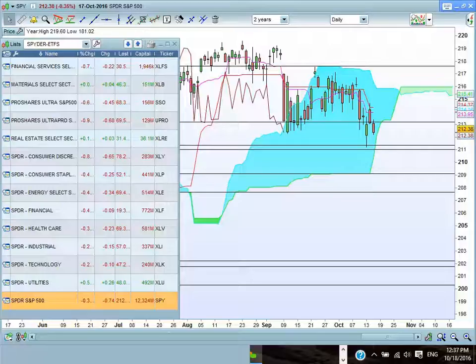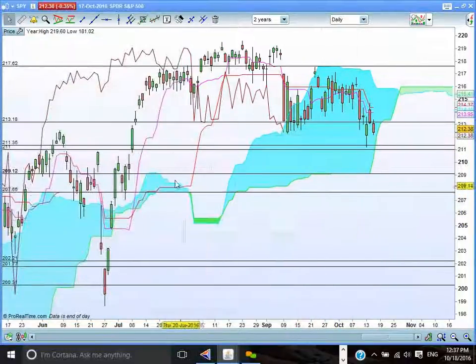Okay. Now, first off, we're going to look at the S&P 500 index, the SPYDR, which is the ETF replicating the S&P 500 index. We can see here we are at a critical support area at the bottom end of the cloud. These support zones correspond very well with the top highs of the breakout area.